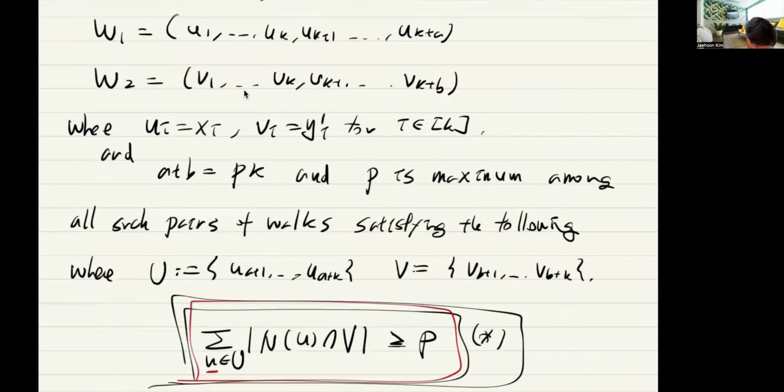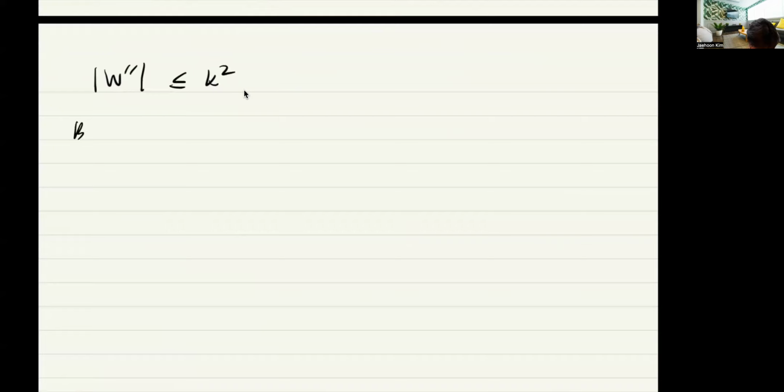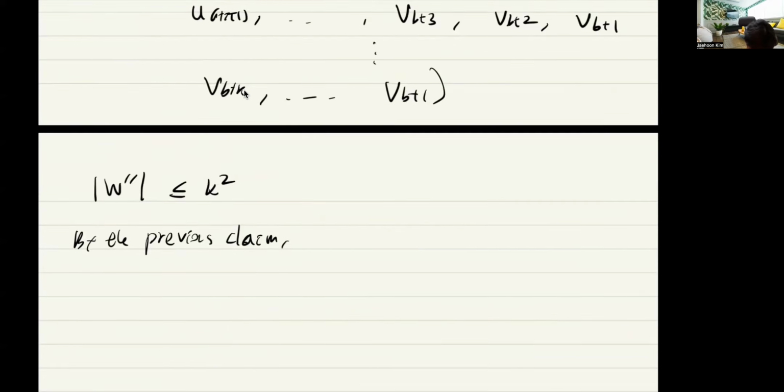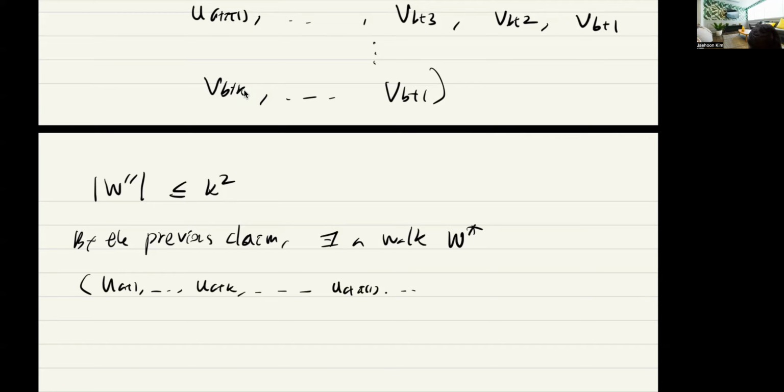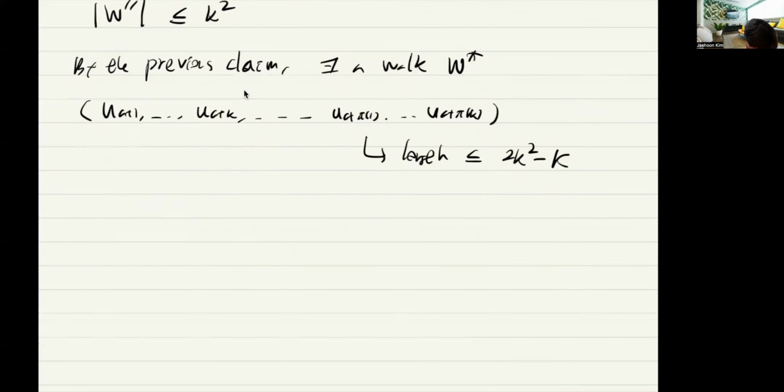So now, by the previous claim, there is a walk W star, which starts from U_{A+1} to U_{A+k}, and then ends at U_{A+π(1)} to U_{A+π(k)}, such that again, length is at most 2k star minus k and divisible by k.